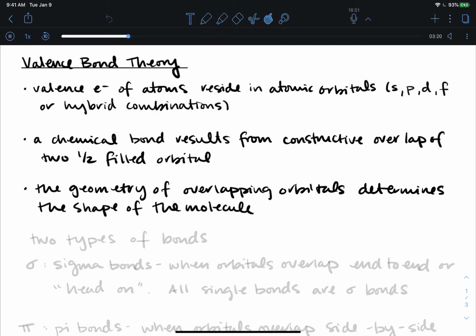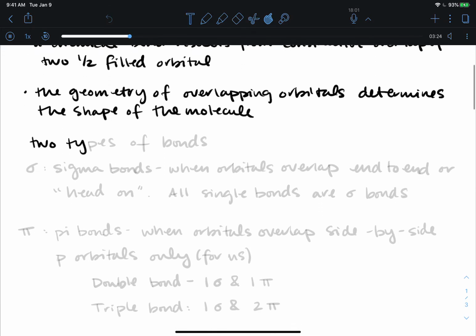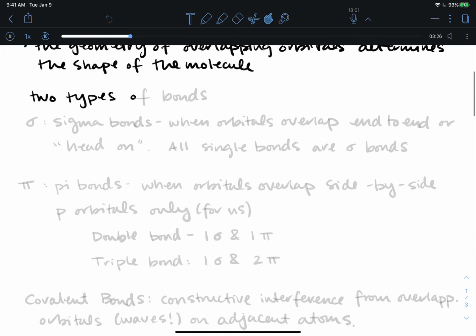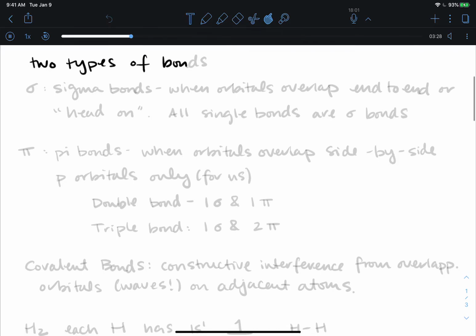So for now, there are two types of bonds that we need to worry about in these molecules. The first is a sigma bond, and that's what this lowercase Greek letter is. A sigma bond is what you get when orbitals overlap end to end.